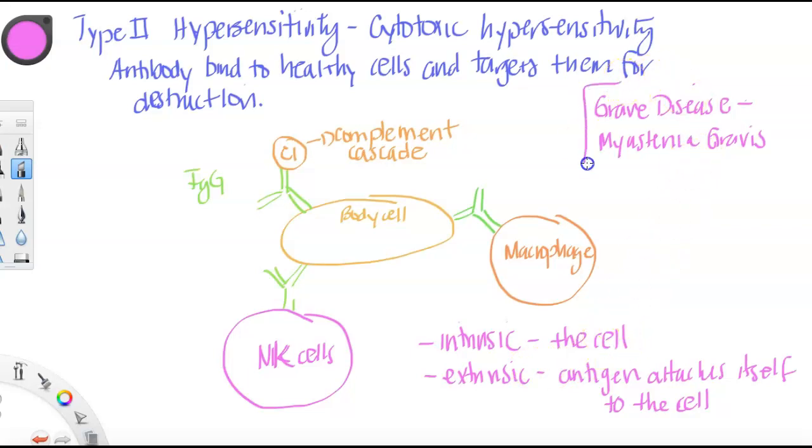So in these cases here, the receptors are being blocked. In Graves' disease, they bind to the receptor and activate it, overactivate it. Okay, so you get that hyperthyroidism. In the muscle, they just block it so that it can't be activated. So muscle atrophy occurs there.